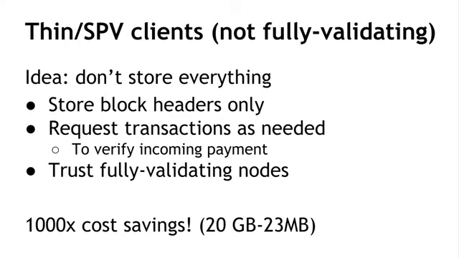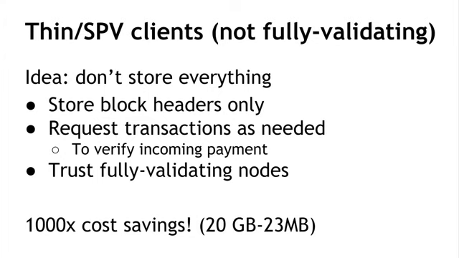So they're essentially trusting the fully validating nodes to have validated all the other transactions that are out there. This isn't a bad security trade-off. You're assuming there are fully validating nodes out there that are doing the hard work, and that if miners went through the trouble to mine this block, which is a really expensive process, they probably also did some validation to make sure that this block wouldn't be rejected.